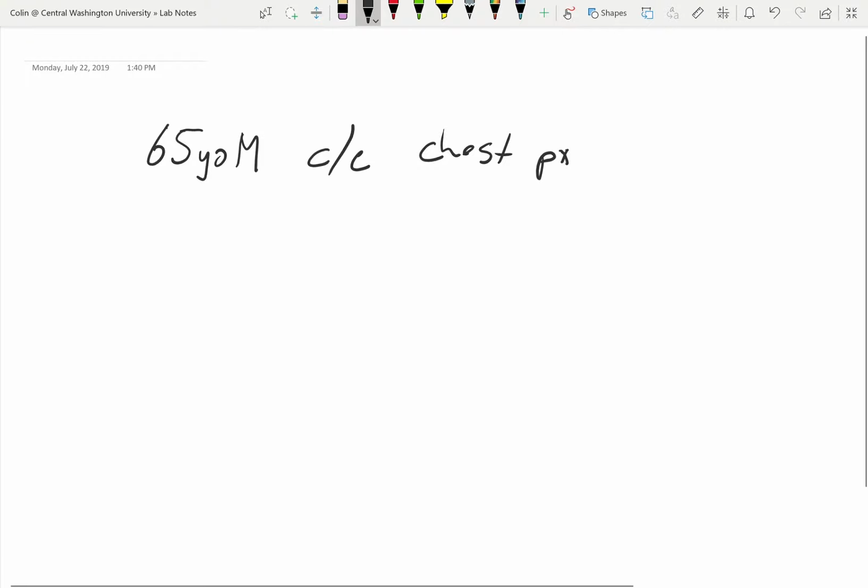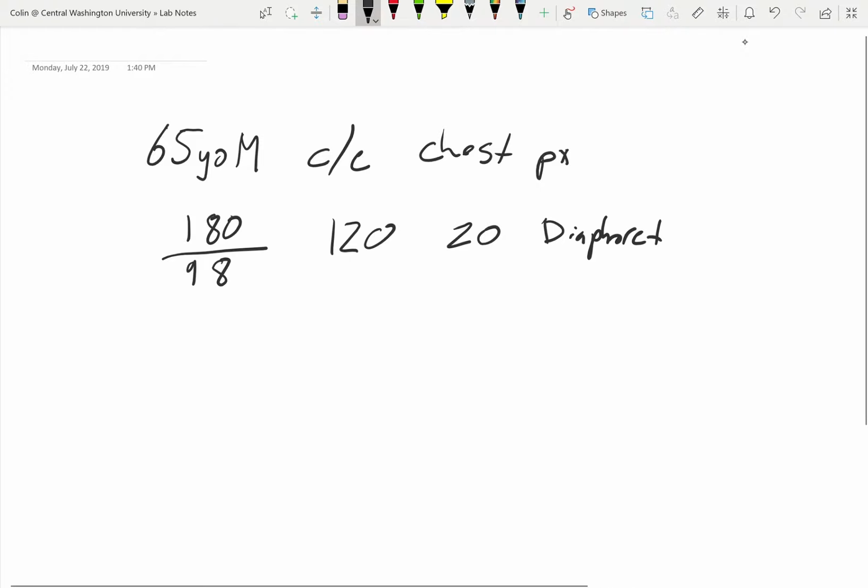It radiates to his left arm, and his first vital signs are exactly what you'd expect for someone who's having a heart attack. He's hypertensive, he's tachycardic, he's breathing 20 times a minute, and he's diaphoretic, which means he's sweaty.